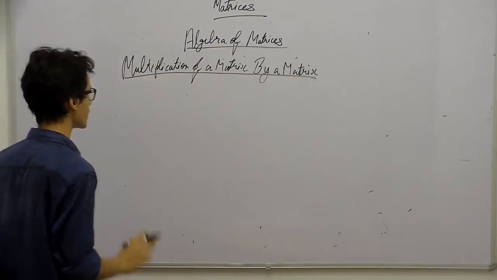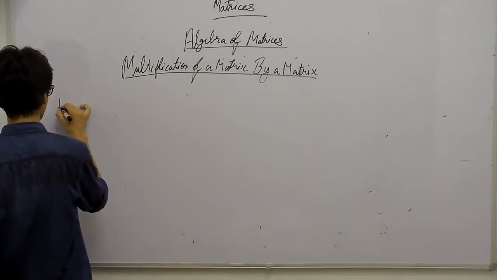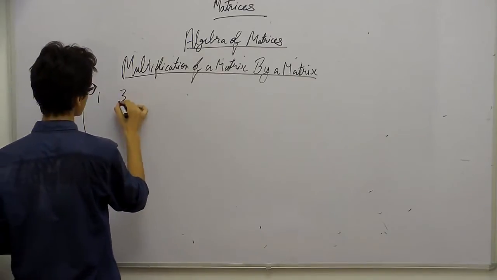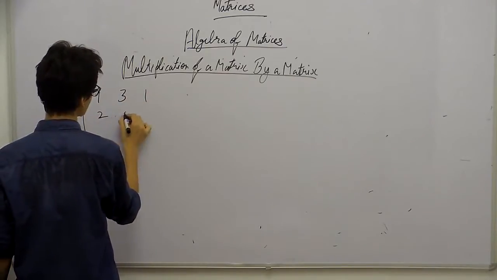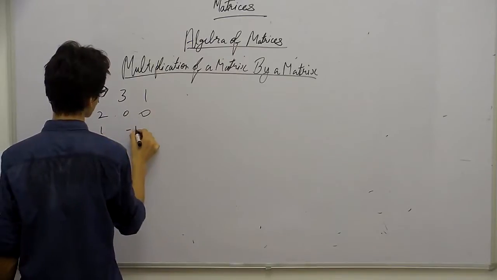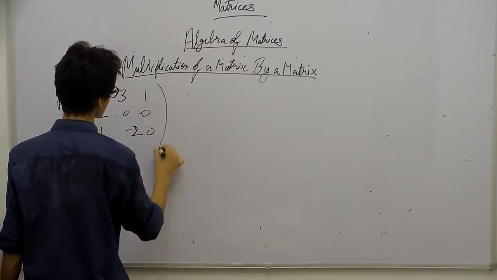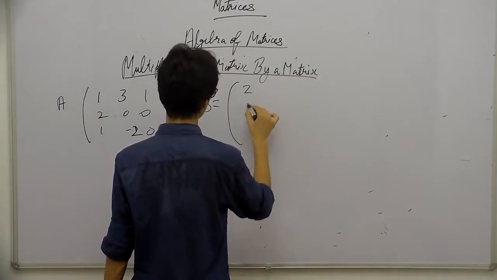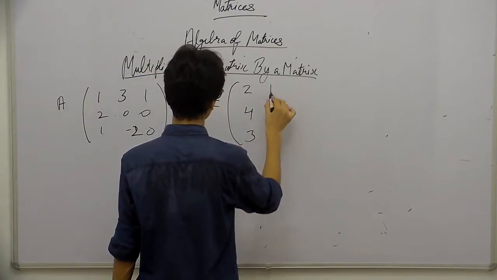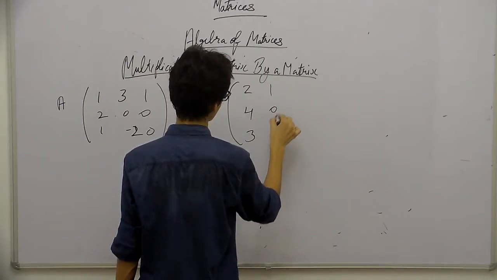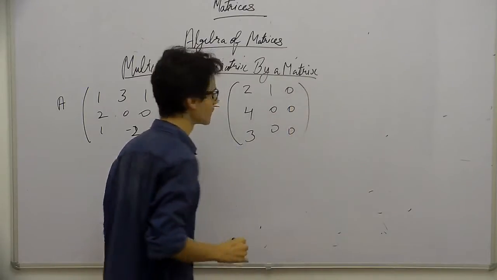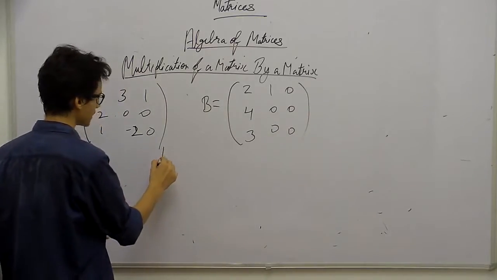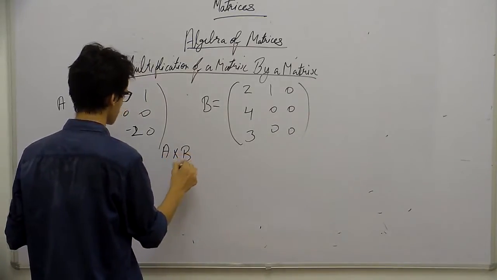If we have a matrix A, which is [1 3 1; 2 0 0; 1 -2 0], and another matrix B, [2 4 3; 1 0 0; 0 0 0], how do we multiply A by B? Multiplying a matrix by a matrix.